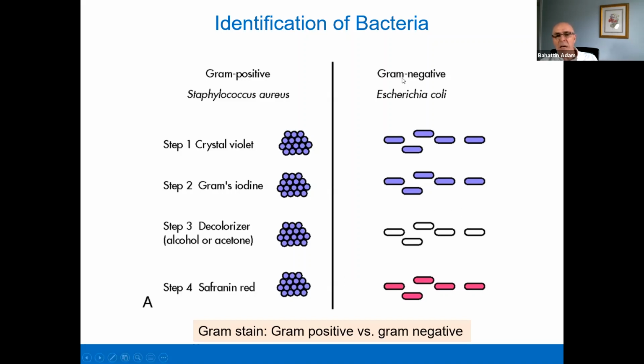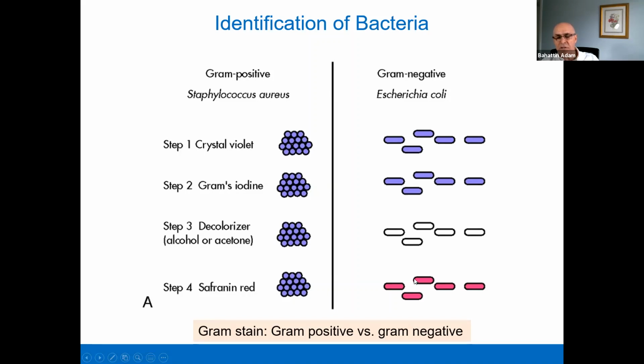However, if the bacteria are gram-negative, since the peptidoglycan structure of this kind of bacteria is too thin, it will wash out with alcohol or acetone. And in the next step, you are going to put another stain, which we call the counter stain.